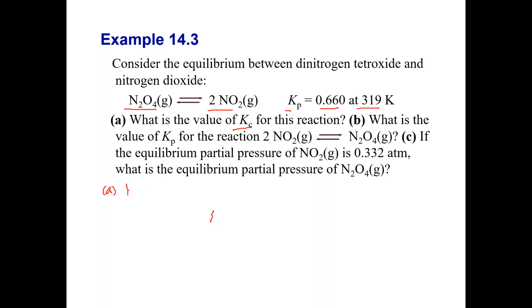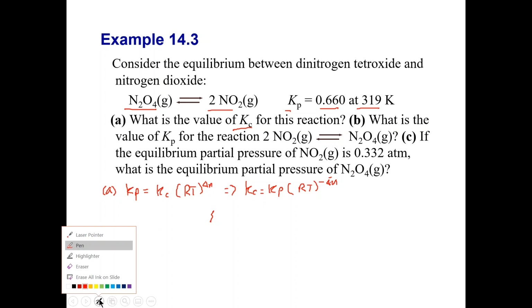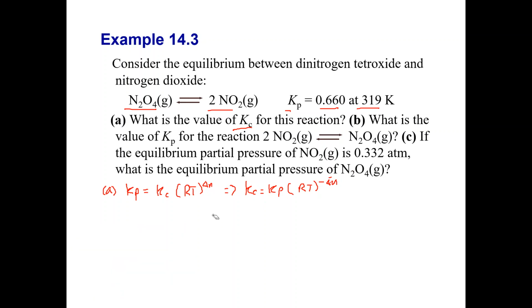Now remember, from before, Kp is equal to Kc times RT raised to the delta N. So Kc, which is what the question is asking for, will be equal to Kp times RT to the minus delta N. So what we need to do basically from here is to plug the numbers in.